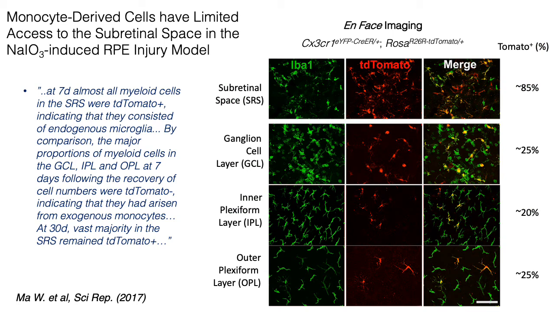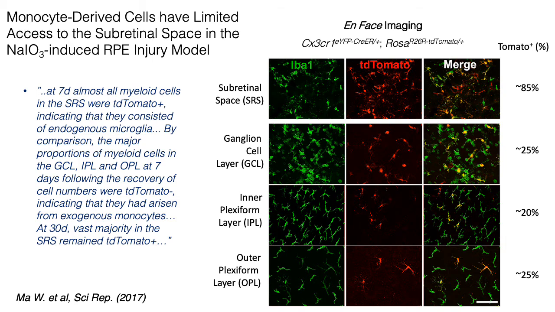A very similar finding was made using the same lineage tracing technique, but in a different model by a different group. This is the sodium iodate induced RPE injury model. This is a primary injury to the RPE and secondary influences on photoreceptors.